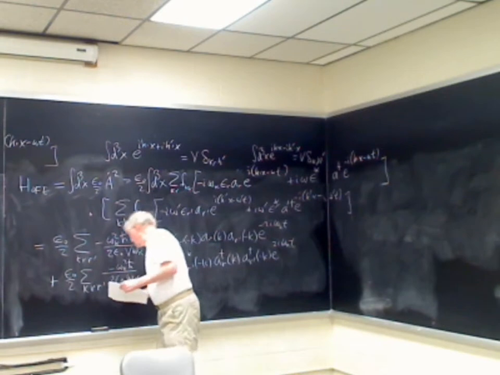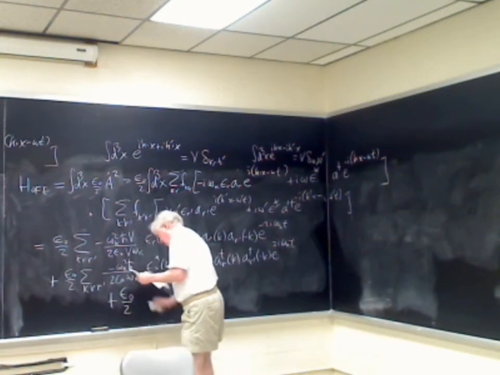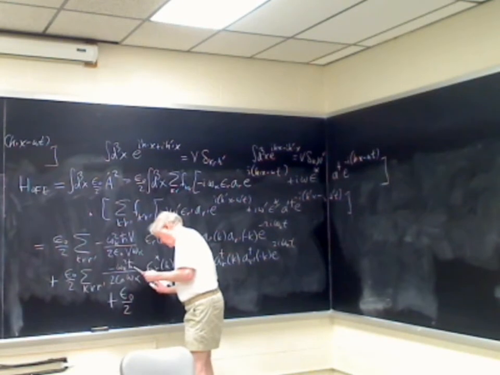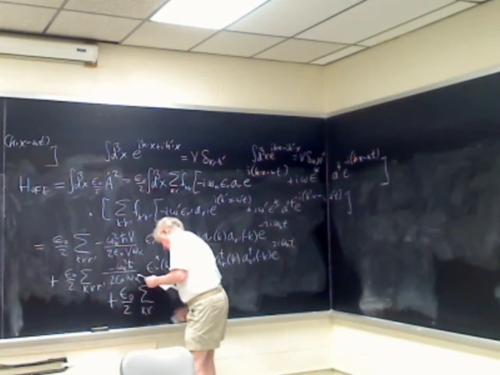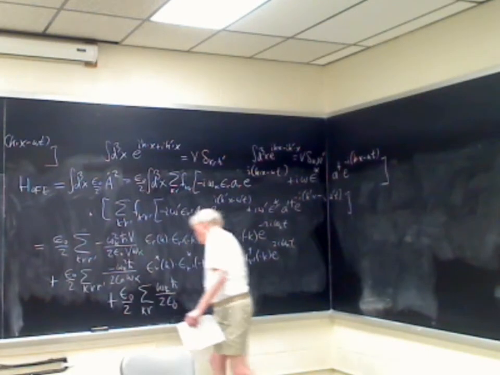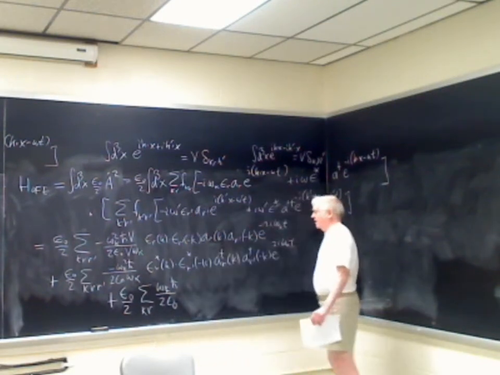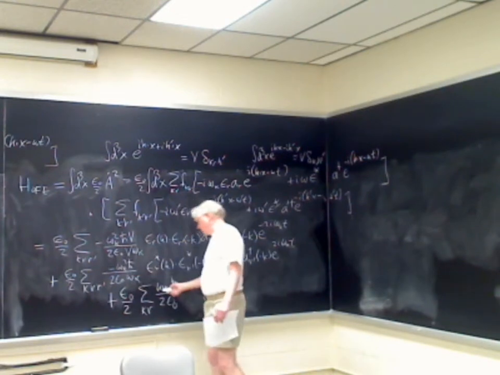And then finally, there's a term that's kind of a nice term that we want to keep: ε₀/2, sum on k and r, ω_k h bar over 2 ε₀. So here, you see I canceled the omega squared over omega, so we just have one omega.